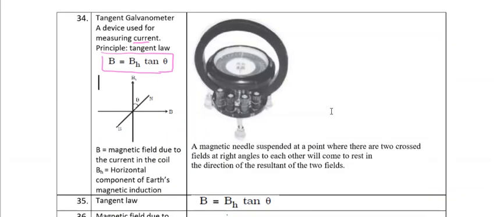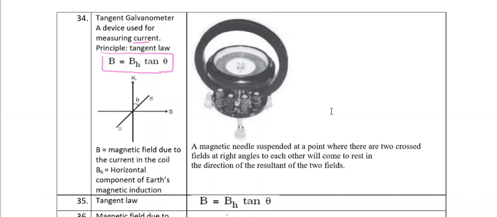Let us consider a magnetic compass. You've got the needle indicating north and south, and it is subjected to the magnetic deflection, that is deflection due to the magnetic field. So this deflection is influenced by two important magnetic fields.